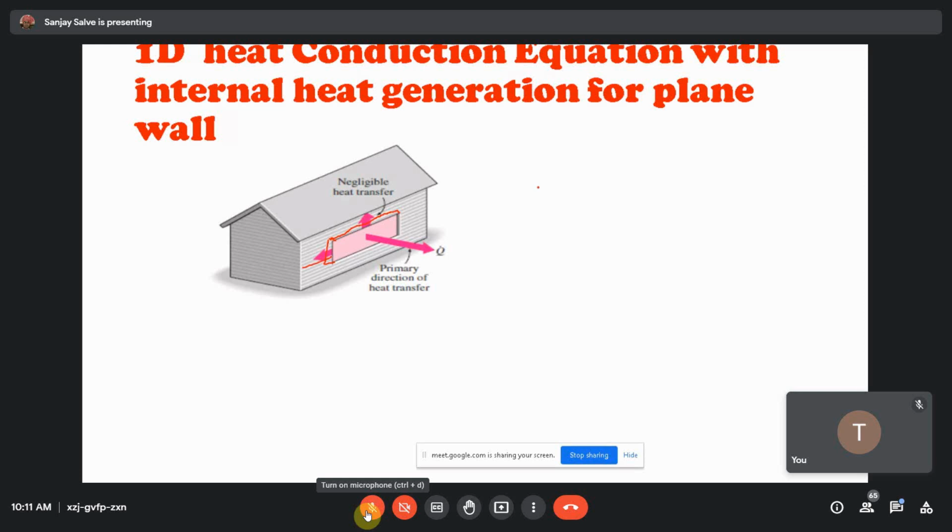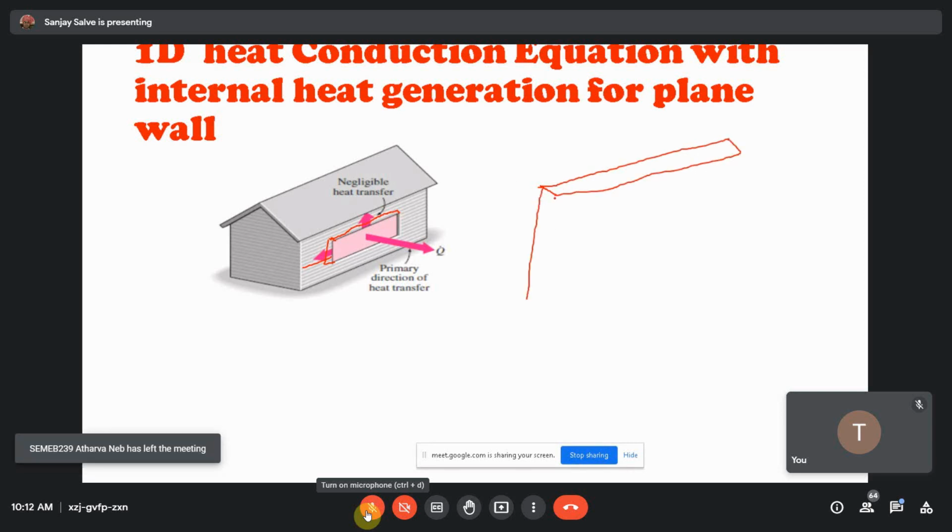If I take it outside, whatever that glass or something, and I draw its view, it will be like this only, right?